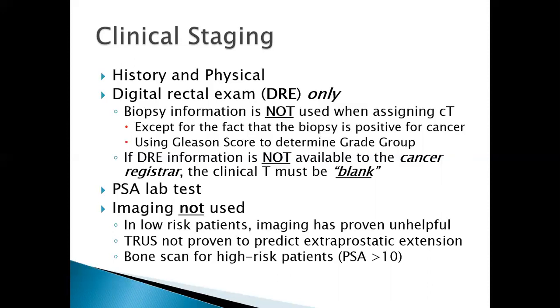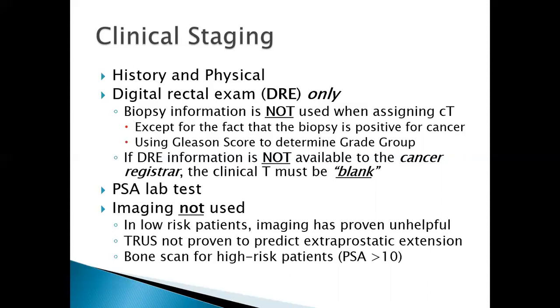Now, prostate cancer most often arises, like 80 to 85% of the time, within the peripheral zone of the prostate gland, where it can easily be detected by the physician performing the DRE. The clinical T category should always reflect the DRE findings only, okay?